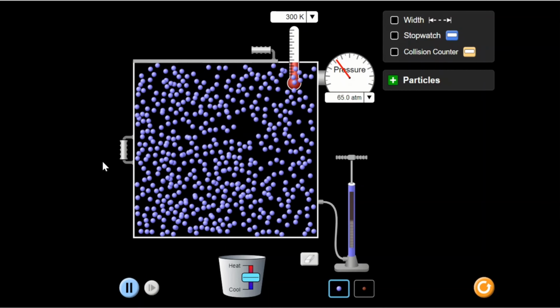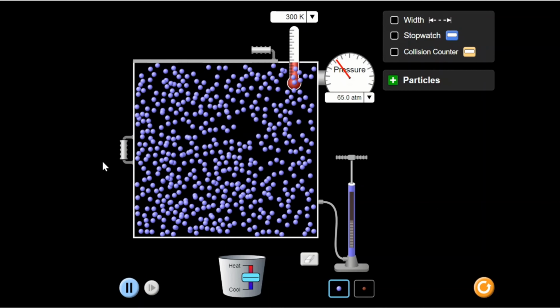Or if we add more amount of gas, pressure is increasing, temperature is also increasing, and then what happened is our container could no longer hold on to the force exerted by the gas molecules inside this container.